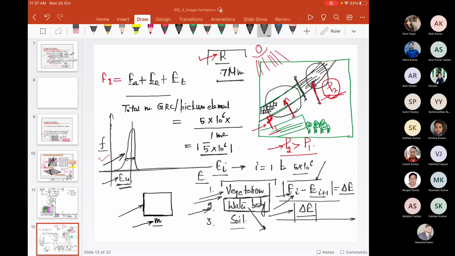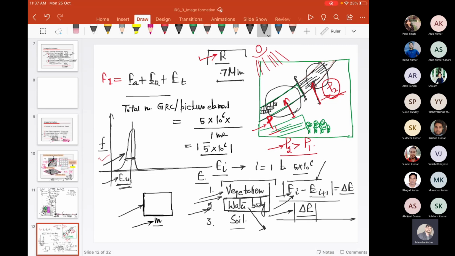Now EI, we are talking, let's say at the beginning we fix it, EI at the red band. We are only interested in analysis in the red band. So in the red band, the incident energy is redistributed into absorbed, reflected, and transmitted.